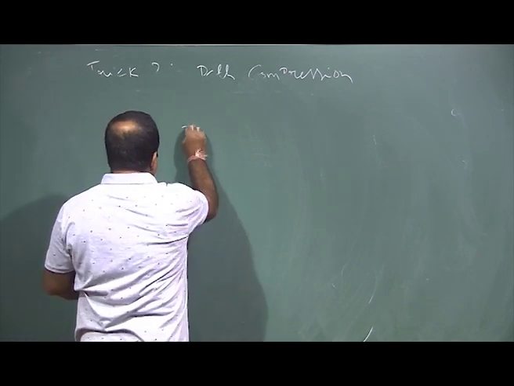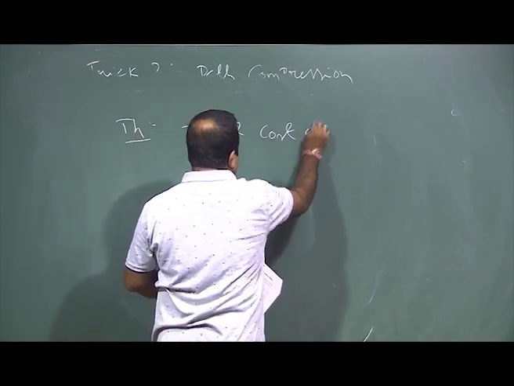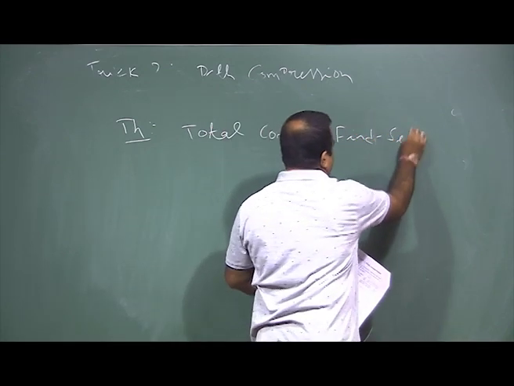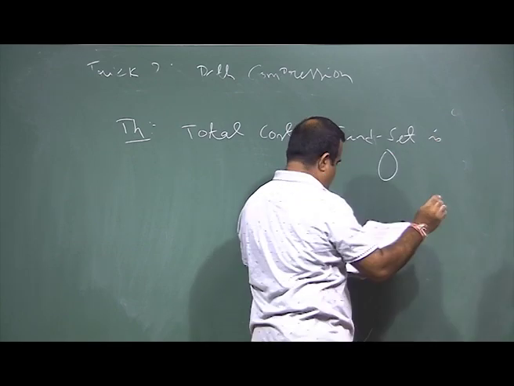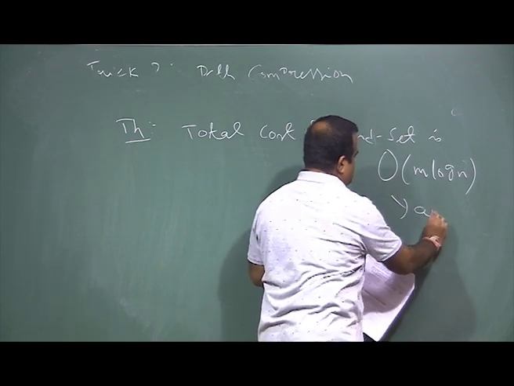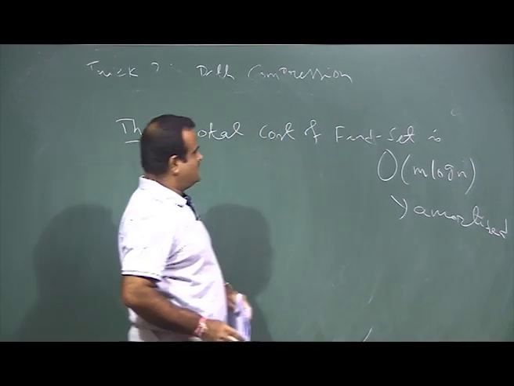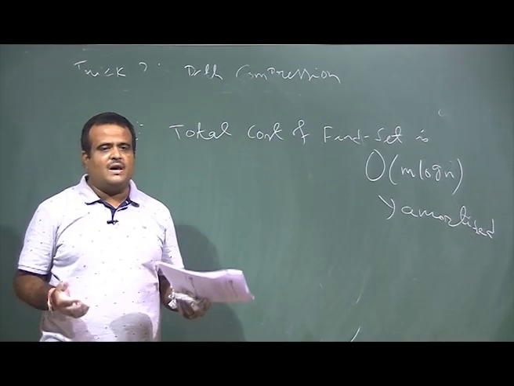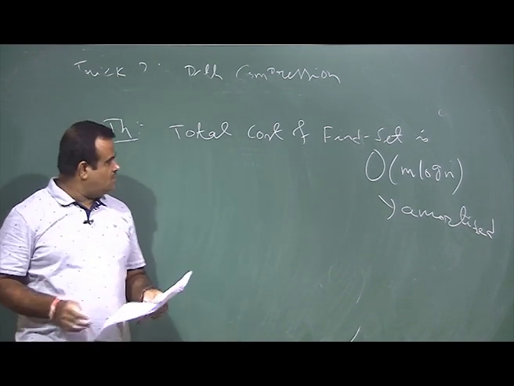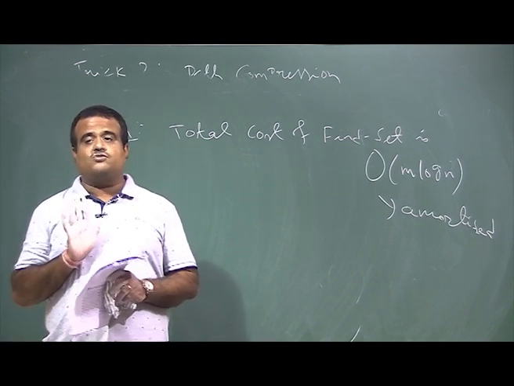The total cost of find set is order of m log n, in the amortized sense. So, there are m operations we are doing, and on average it is log n. This proof we are not doing now, we do not have time. This is if we only apply trick 2.